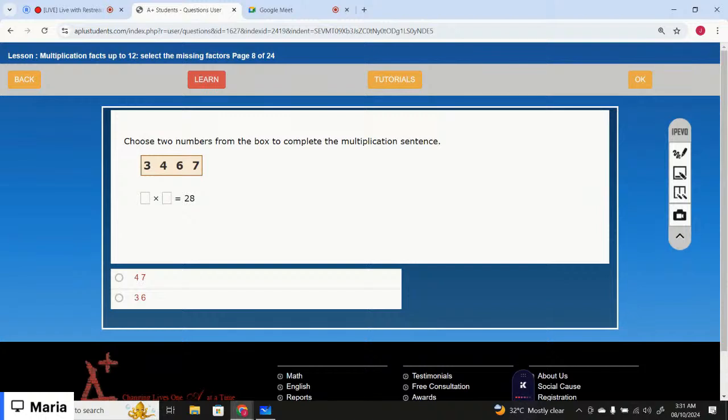Choose two numbers from the box to complete the multiplication sentence. Which two numbers have the product 28?